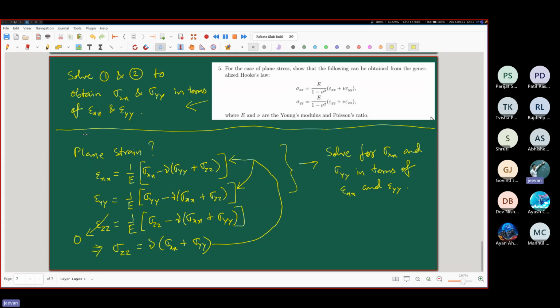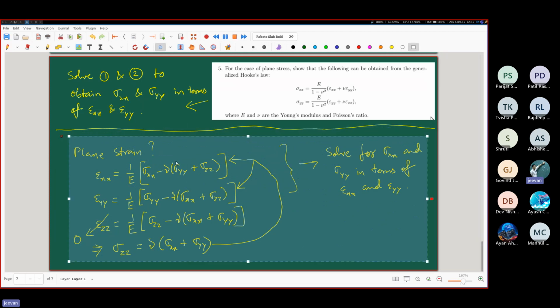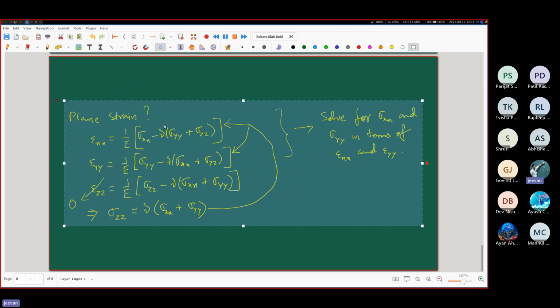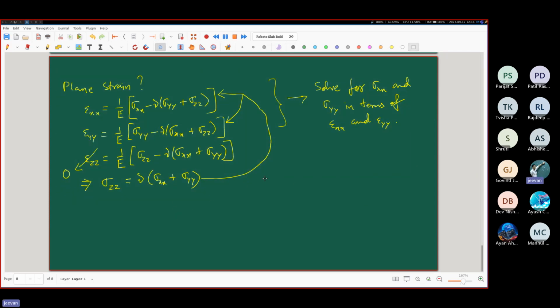If you are confused, I will take it somewhere else. Otherwise, who knows what people revising later will think. This is plane strain, completely separate. This is not even asked in the tutorial sheet, I'm just discussing this. Okay, any other question regarding this?